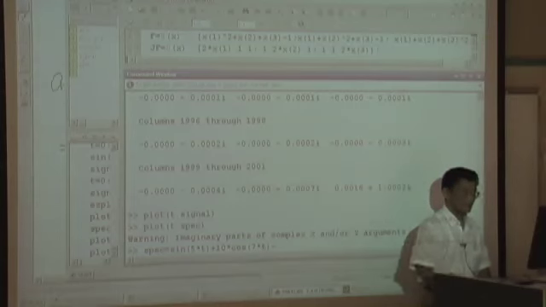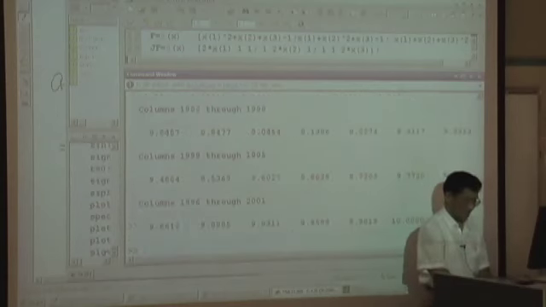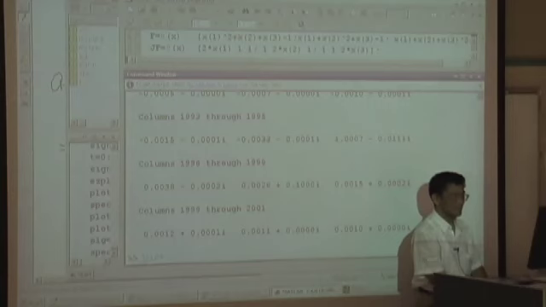Oh, I see. This should be the signal, right? And then after the signal is obtained, we will do the spectrum. So let's just stop here, right? And then I got it. Then the spectrum is the FFT of my signal, right? Then let's plot the spectrum.